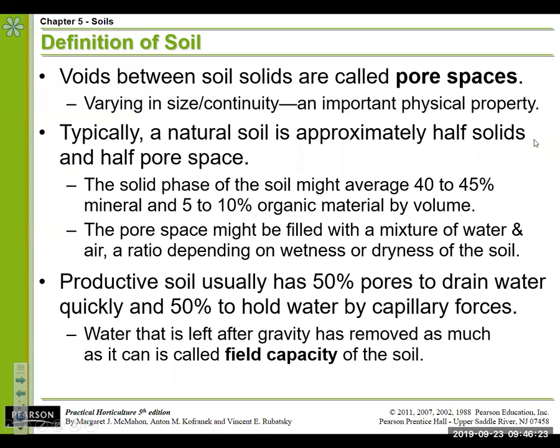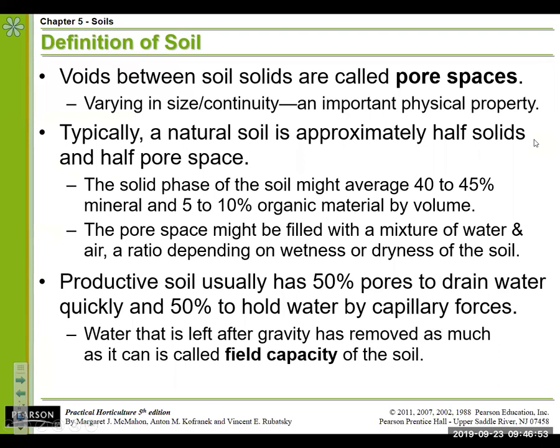So when we think about adding water to the soil, whether we're just looking at natural rainfall or irrigation, whenever water infiltrates into the soil, it begins to fill up these pockets of air first and then move into those micropores. And we have gravity, of course, pulling it down.